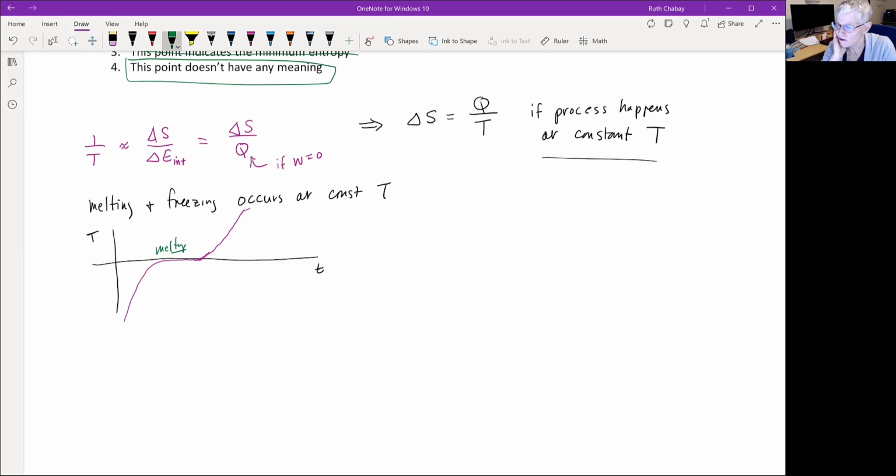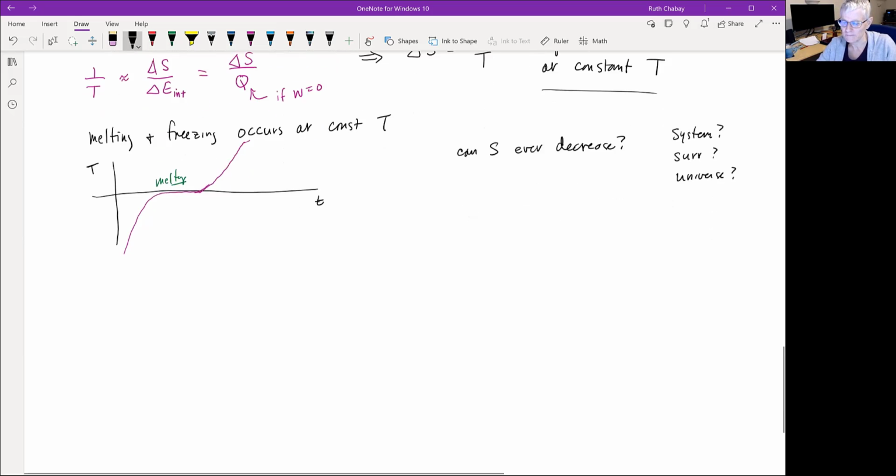So it's sort of an interesting thing to look at entropy changes in this process, because we can ask questions like, can entropy ever decrease? And if so, for what? For the system? For the surroundings? For the universe? So it's sort of interesting just to do a simple calculation to analyze this.